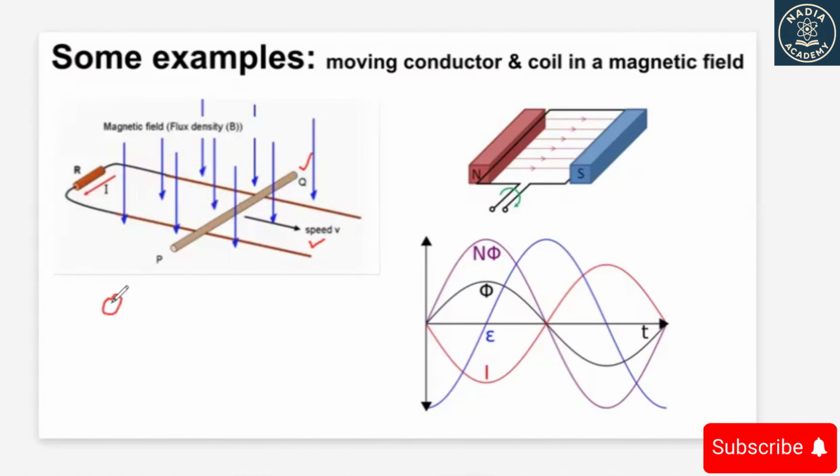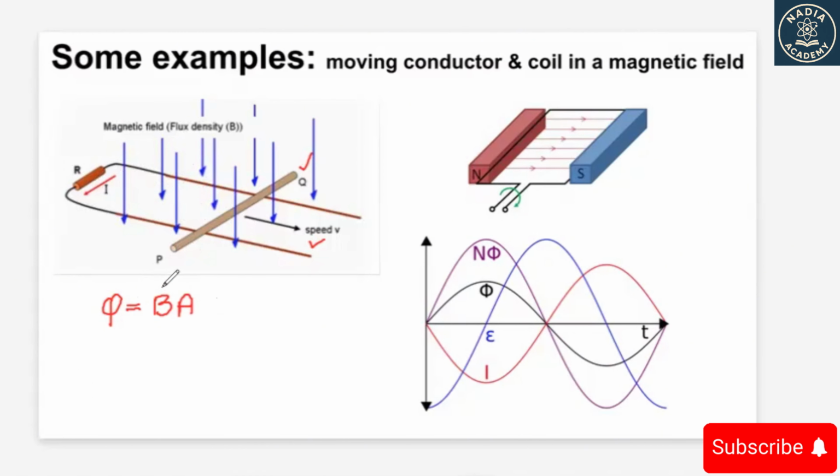We know that phi, our flux linkage, is equal to B times A, the cross-sectional area in the case of the perpendicular situation, meaning the normal of the area is parallel to the magnetic flux, so cos 0 is equal to 1.